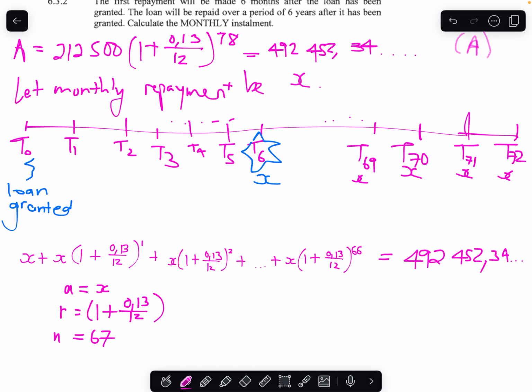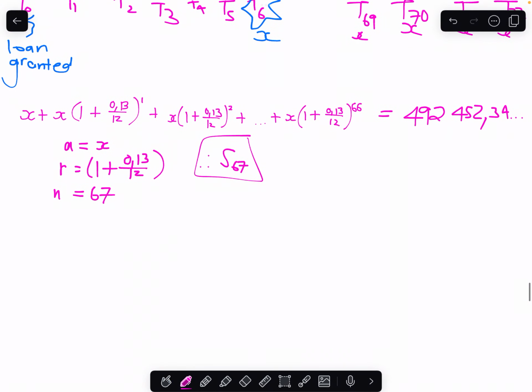We are trying to work out the value of S67. Well, no, we know the value of S67. We want the 67 terms to add up to this amount. We want to find which x value will make that happen. So let's set up our equation.